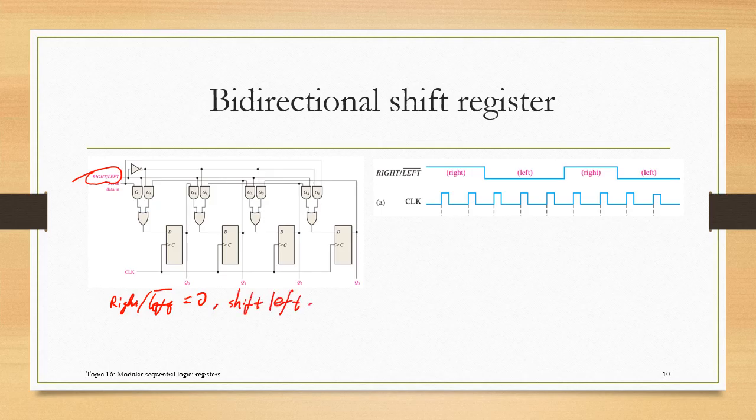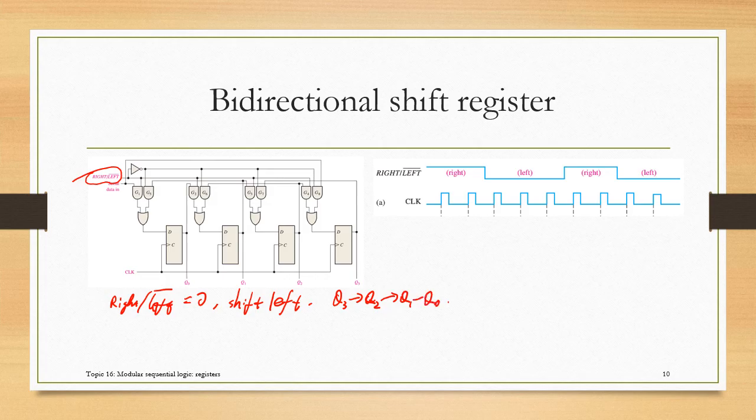Shift left means, let me put it another way. When it's shifting, the data on Q3 will shift to Q2, and Q2 will shift to Q1, and Q1 shifts to Q0.